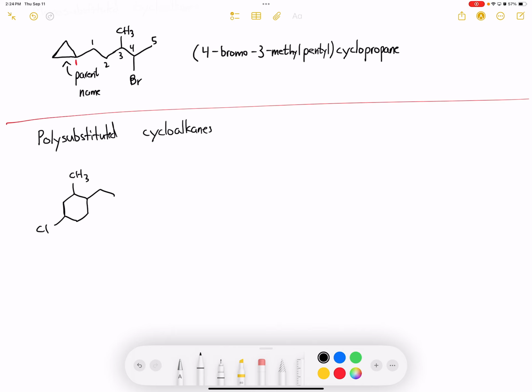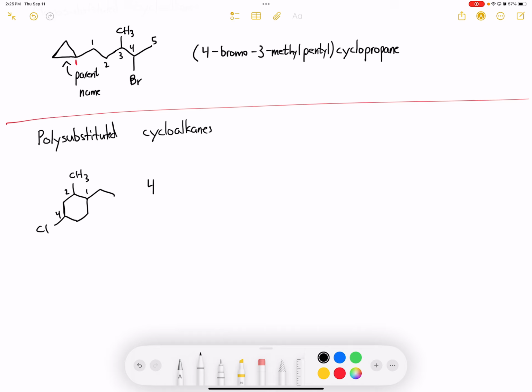But if we do that, then we have 1, 3, and 5. Where if we numbered from the methyl, we could get 1, 2, and 5. We don't want that. What about if we start from the ethyl? What do we get? Yeah, 1, 2, and 4. So that's better. So that's the way we're gonna go. 1, 2, and 4.